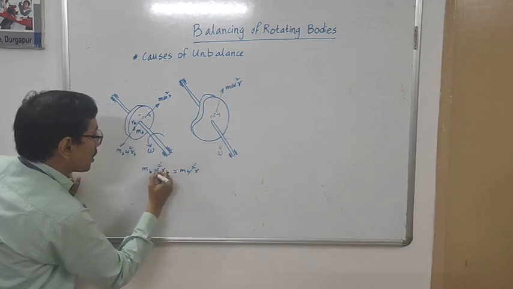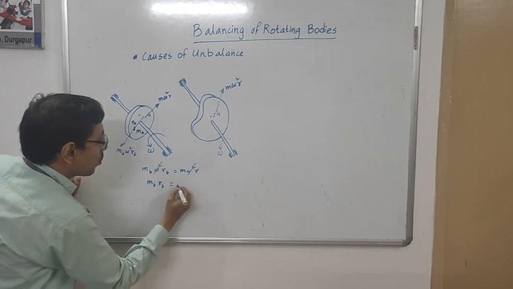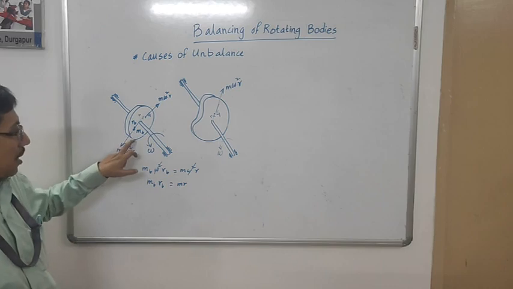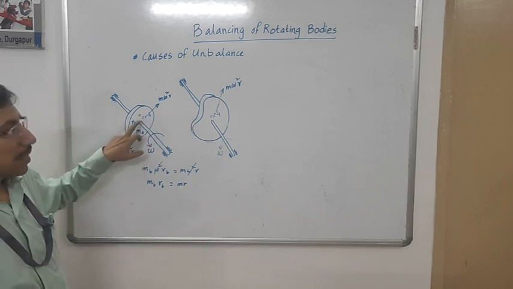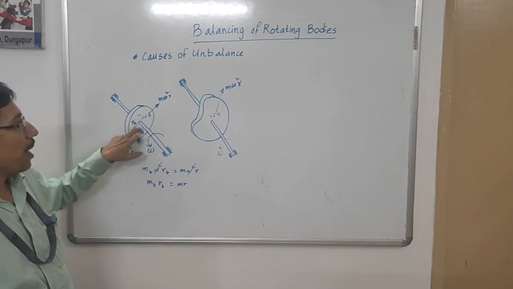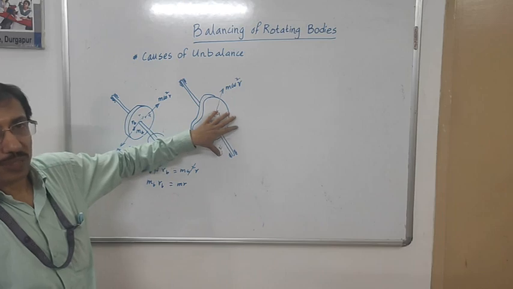So omega square gets cancelled, and it is simplified as mb rb equal to m r. So by putting a balancing mass exactly diametrically opposite to the unbalanced force, we can easily balance this system.